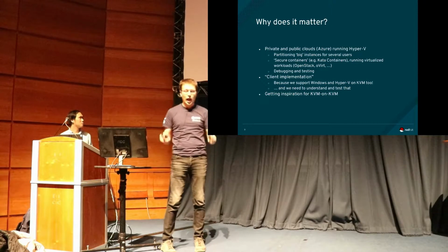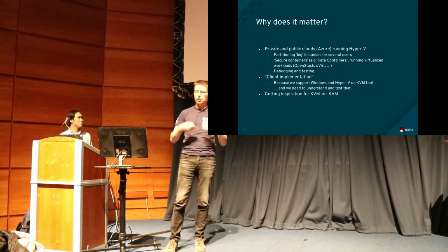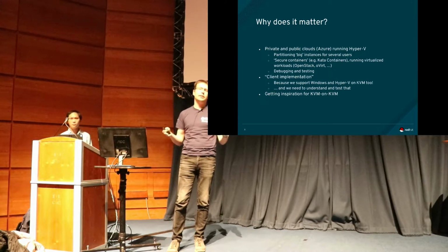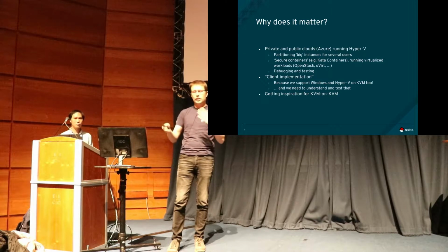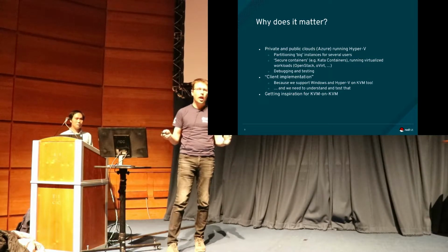And the hypervisor there is basically a partitioning hypervisor, if you think about it. So if you run a big enough instance on Azure, you're not doing something like shared cores or memory overcommit. You will always have your own resources there.